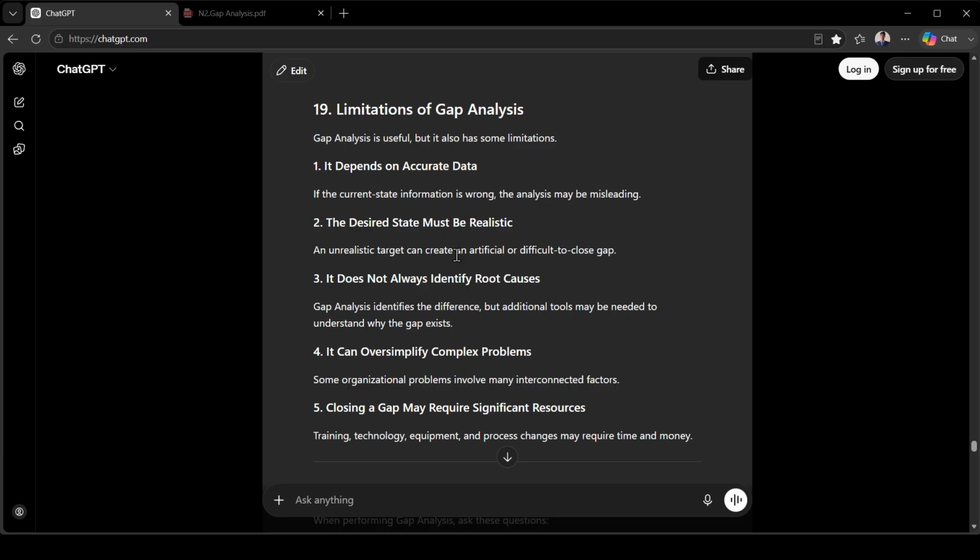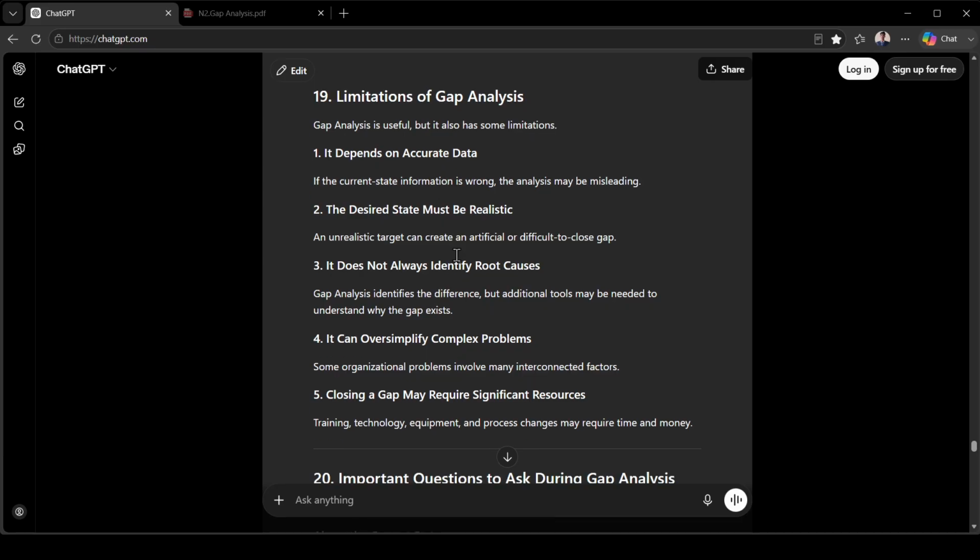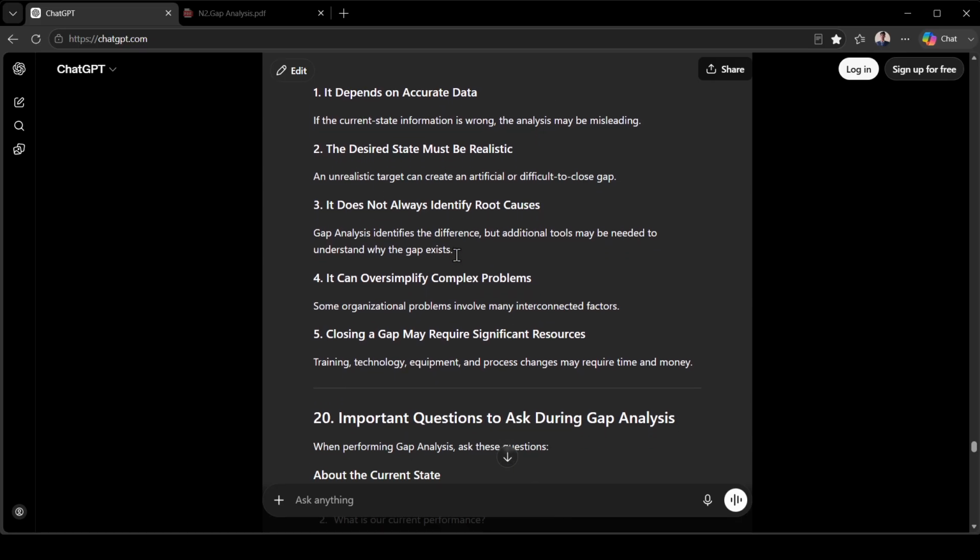Gap analysis identifies the difference, but additional tools may be needed to understand why the gap exists. It can oversimplify complex problems. Some organizational problems involve many interconnected factors. Closing a gap may require significant resources, training, technology, equipment, and process changes, which may require time and money.